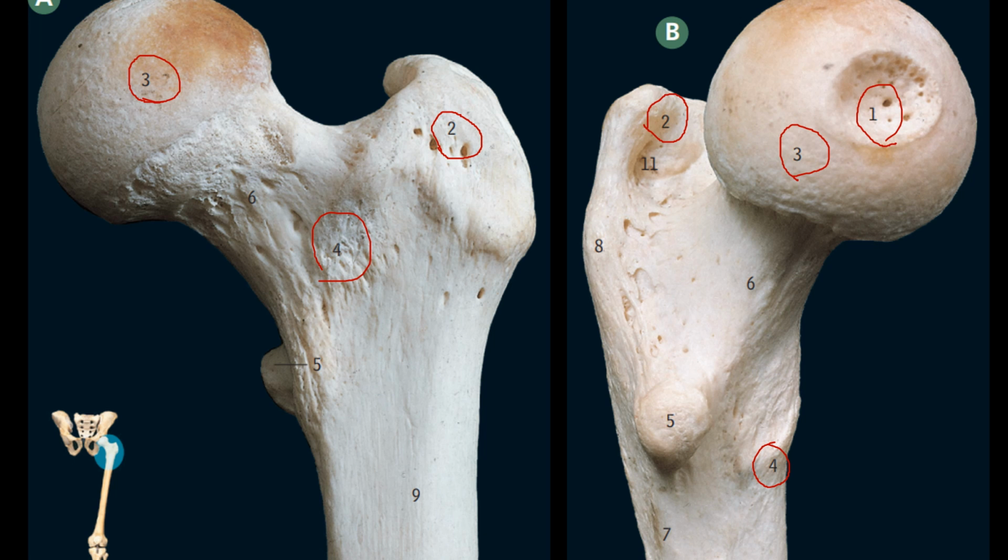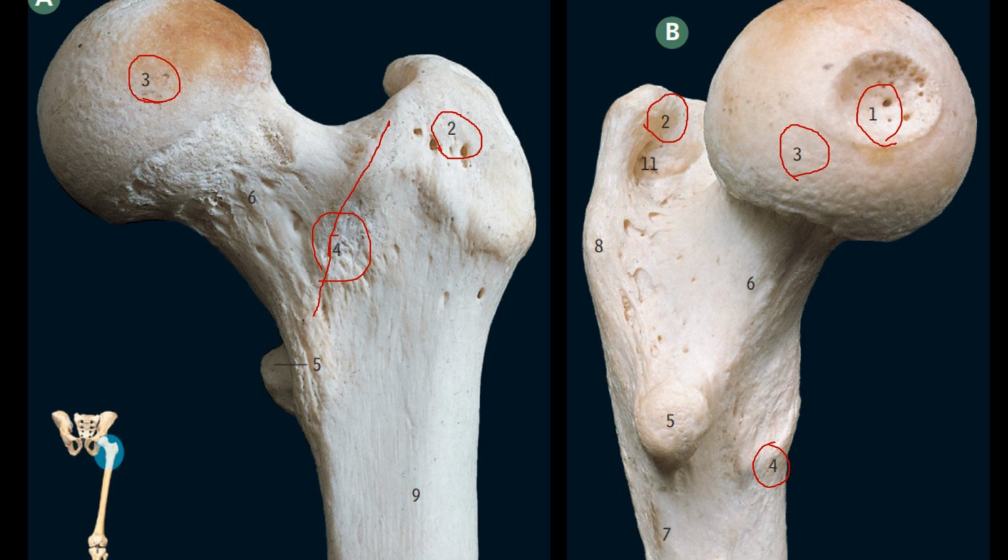This is the line running from above, near the greater trochanter, to the lower side toward the lesser trochanter. This line is known as the intertrochanteric line.